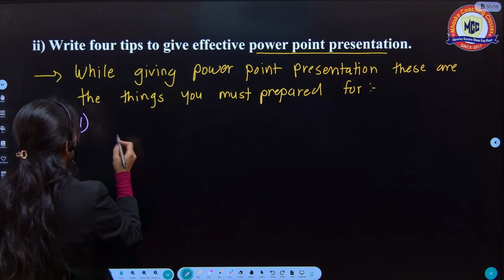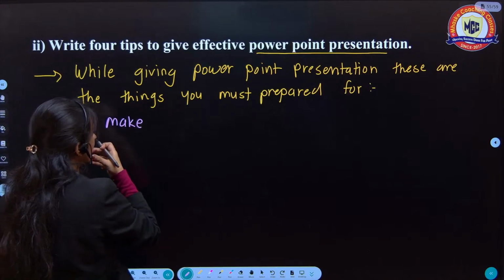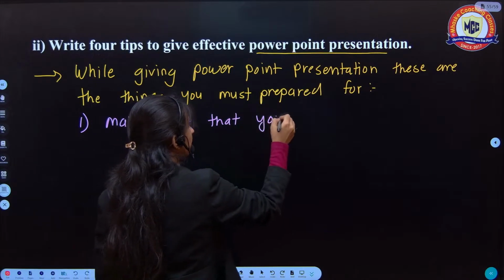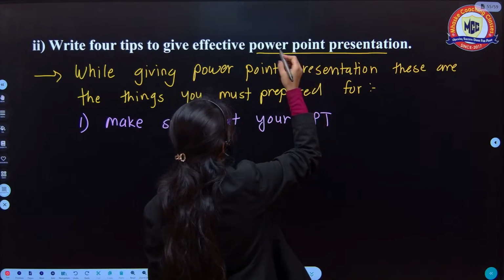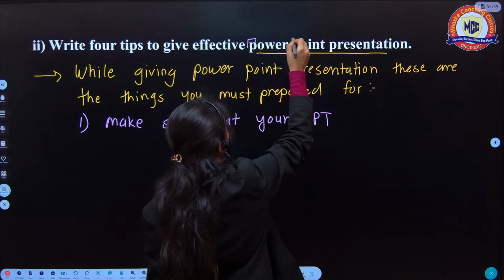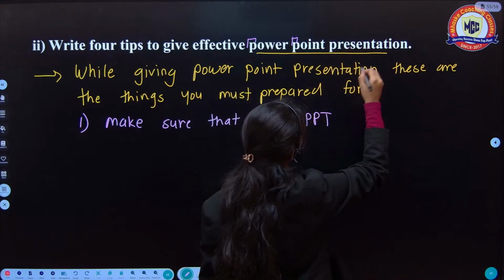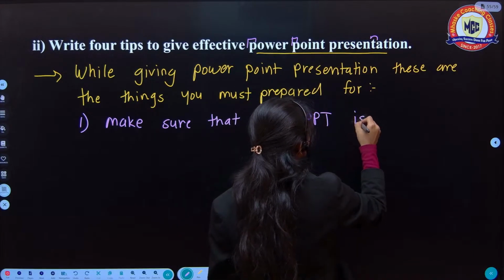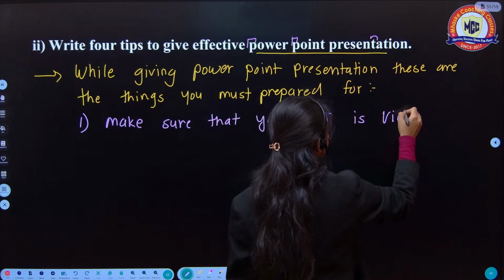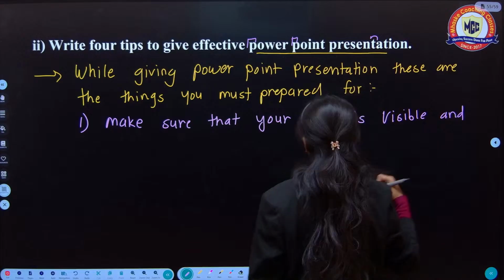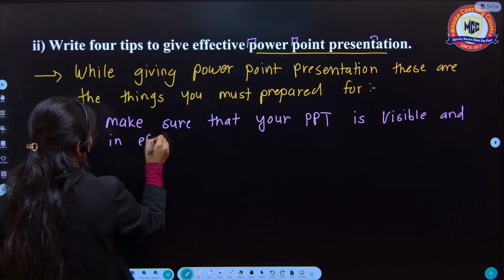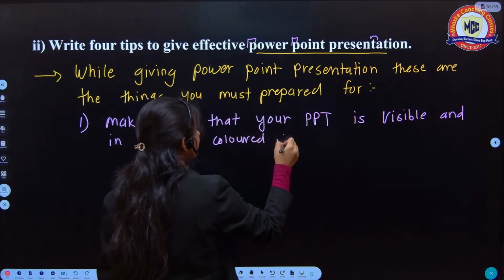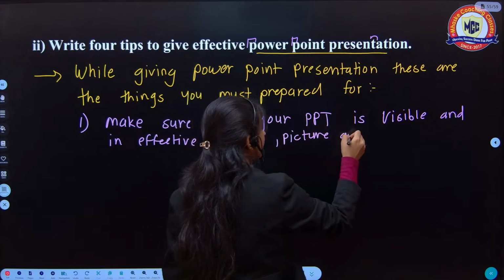First one is, make sure that your PPT, that is PowerPoint presentation, is visible and in effective colors, pictures and points.